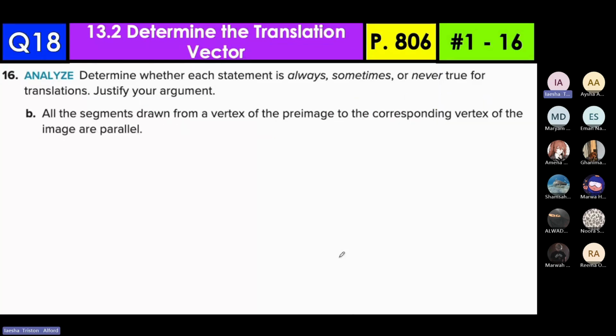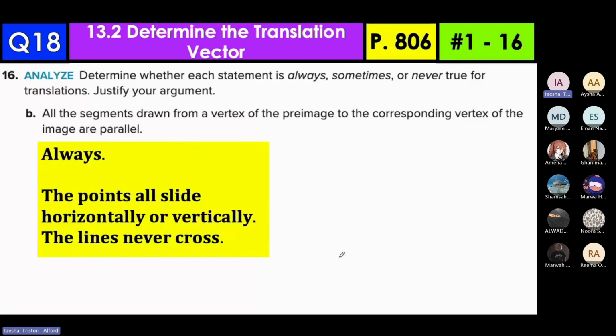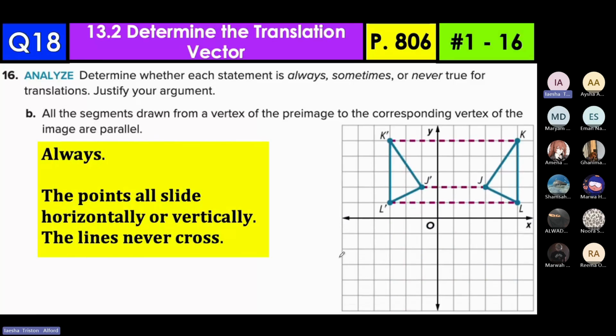B says all segments drawn from a vertex of the pre-image to the corresponding vertex of the image are parallel. This is also always true. To get from K to K prime, it makes a horizontal line. From J to J prime, it makes a horizontal line.